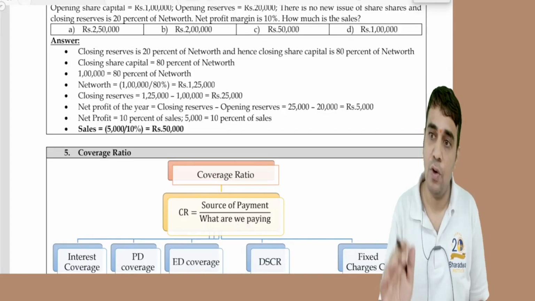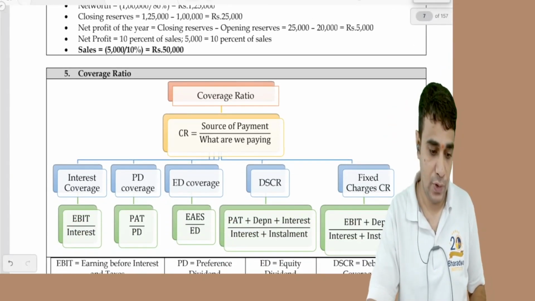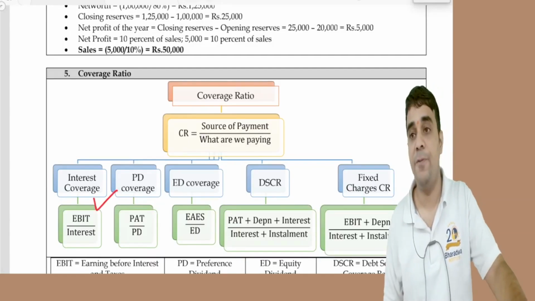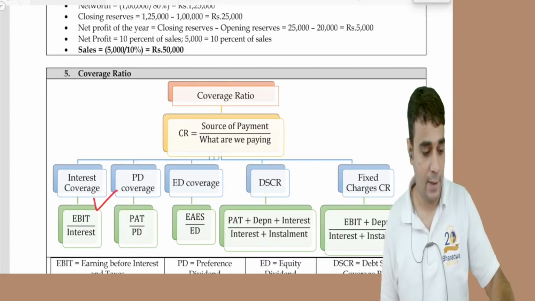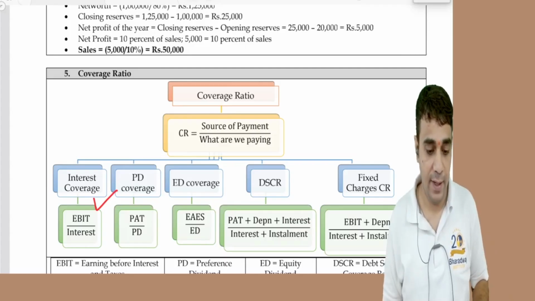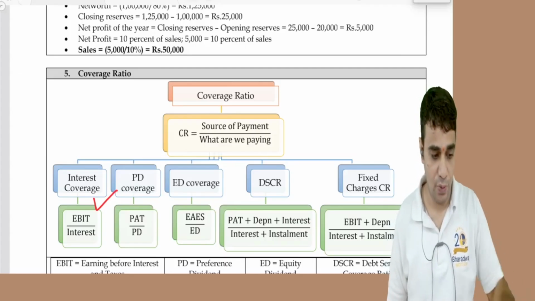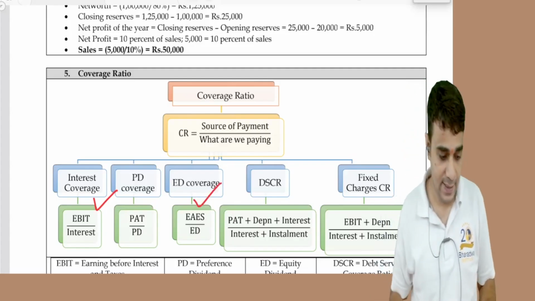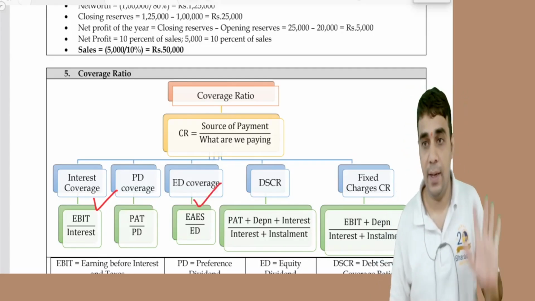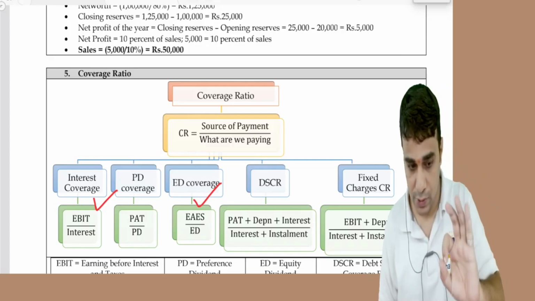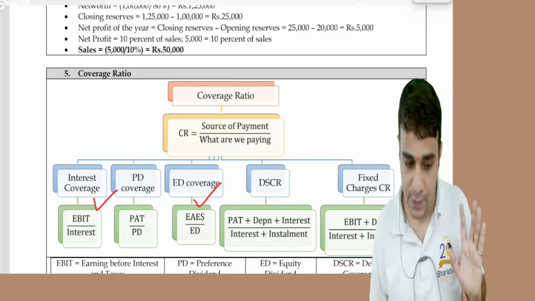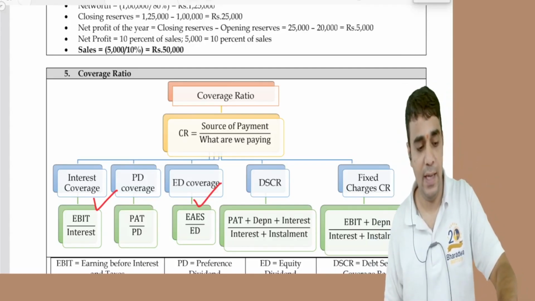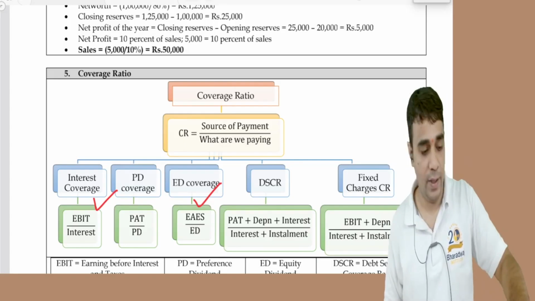Higher coverage ratio, better for the organization. So interest coverage ratio is EBIT by interest, preference dividend coverage ratio is PAT by preference dividend, equity dividend coverage ratio is EAES by equity dividend. Able to understand till this? Three ratios: EBIT by interest, PAT by preference dividend, EAES divided by equity dividend.